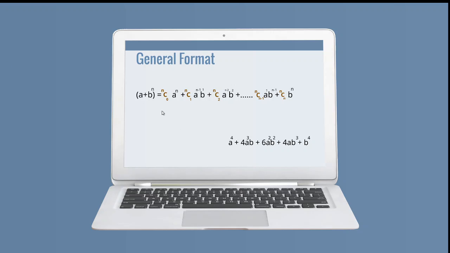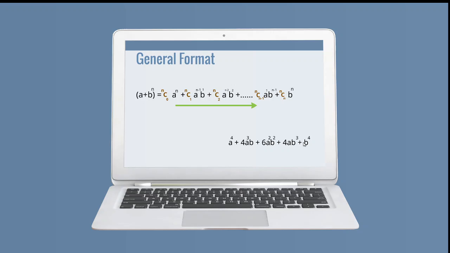So likewise, a to the power n, and there is no b's in the first term. Then there is nC1, a to the power n minus 1. The power of a keeps on decreasing in each term. Look at this example: a to the power 4, a to the power 3, a to the power 2, a to the power 1, then nothing is there.